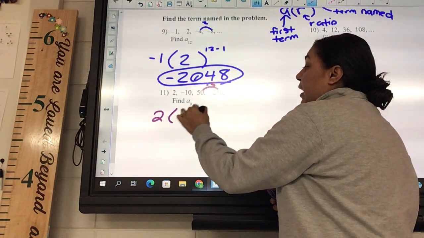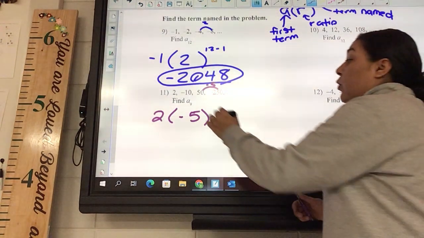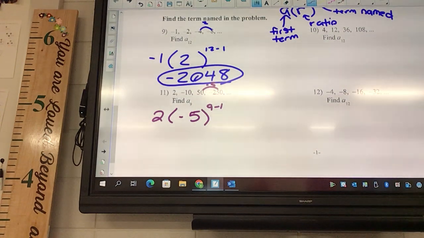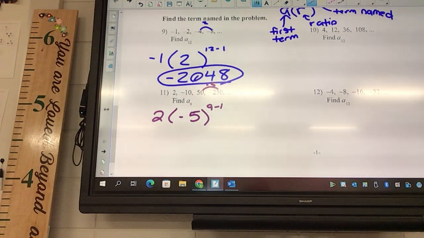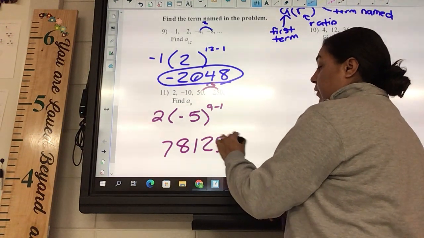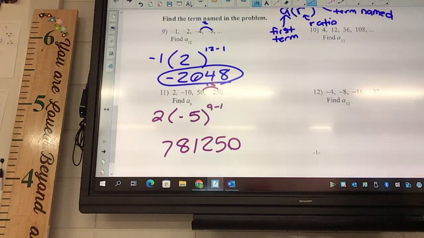So we're going to say negative 5 to the what power? 9 minus 1, or what? 8. Depending on what calculator you have. What you got, Chase? 781250. Somebody double check that. That's right?